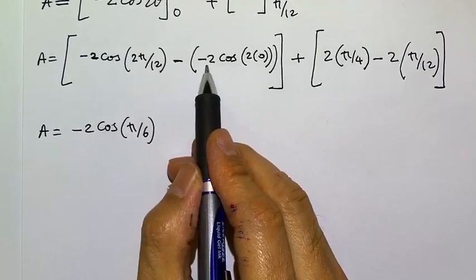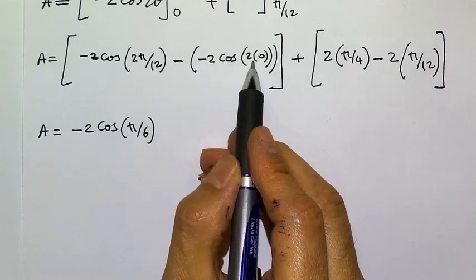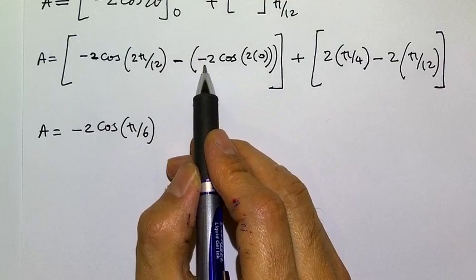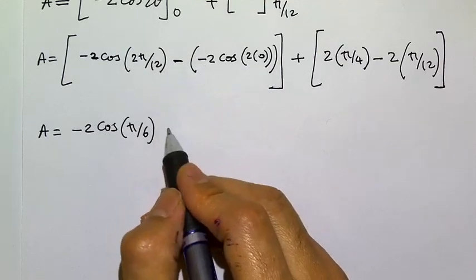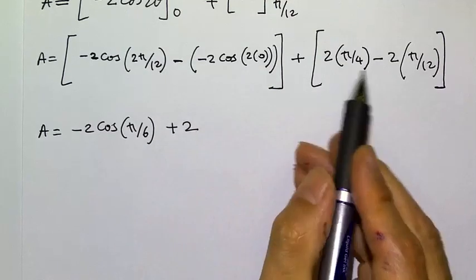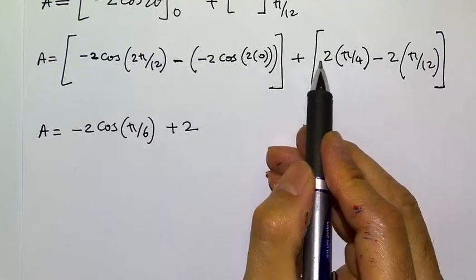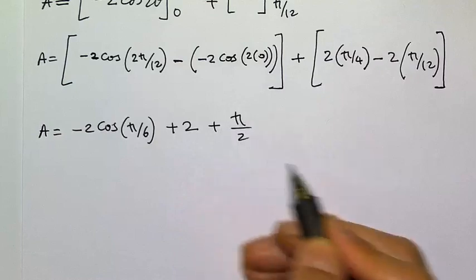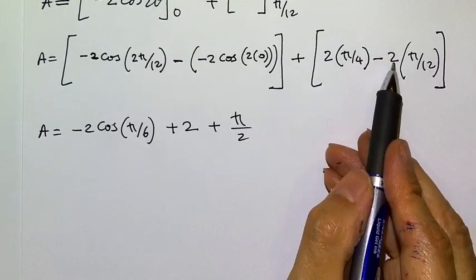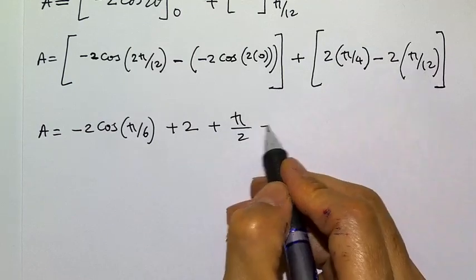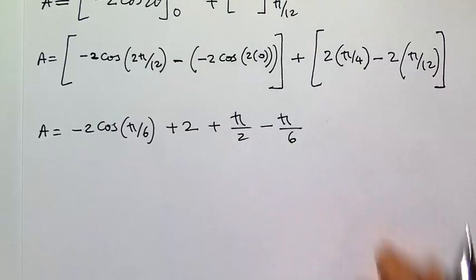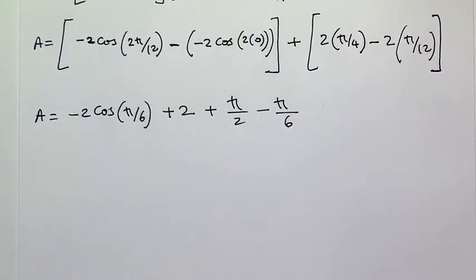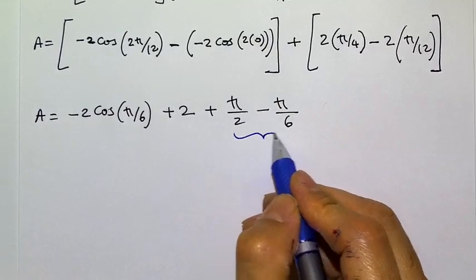And then minus, this is cosine of 0 is 1, times minus 2 is minus 2, times another minus, that's plus 2. Pi over 4 times 2 is just pi over 2. Minus 2 times that, it's going to be minus pi over 6. Okay, so these two just reduce to pi over 3.